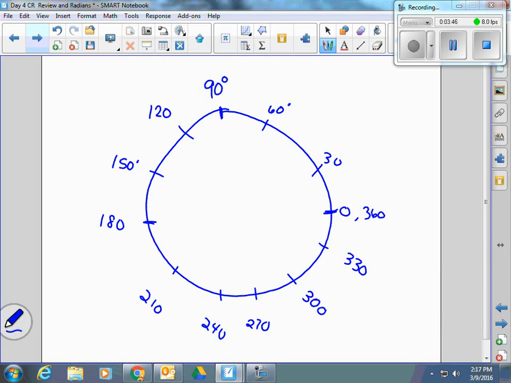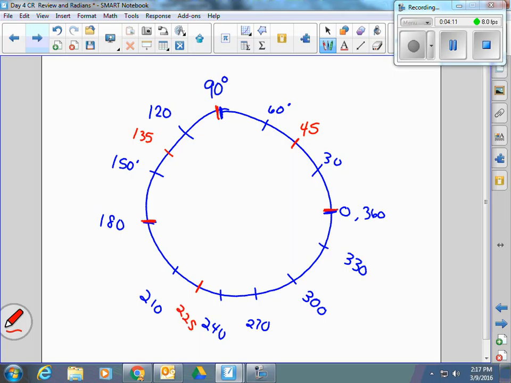Then we have our 45, 45, 90 triangles, correct? So now I can count by 45. We have 0. Right here would be 45. Everybody agree? Then 90. What comes next? 135. Then 180. What's this one? 225.